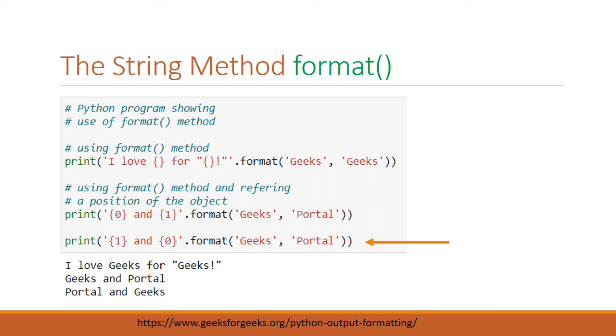So in our string constant, we have 1 surrounded by curly brackets and 0 surrounded by curly brackets. We call the format method on that string constant, and we use the same parameters, geeks and Portal.